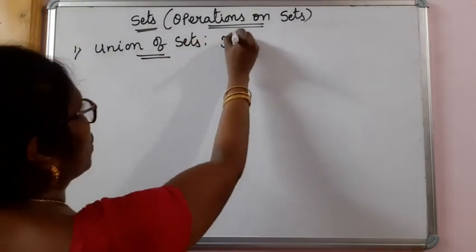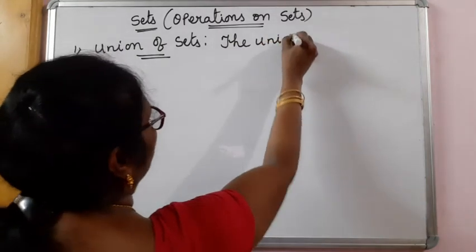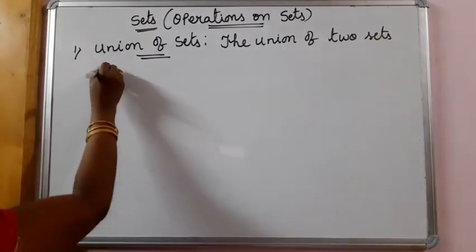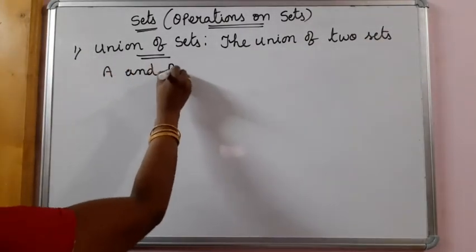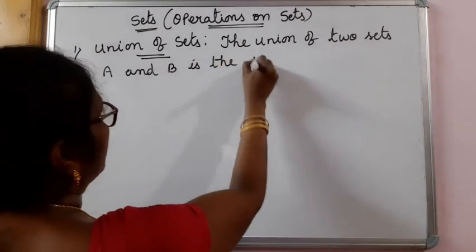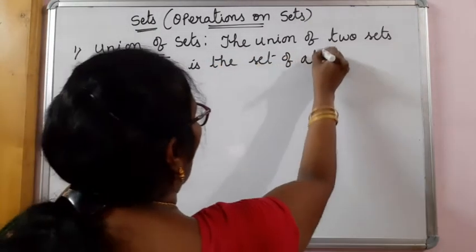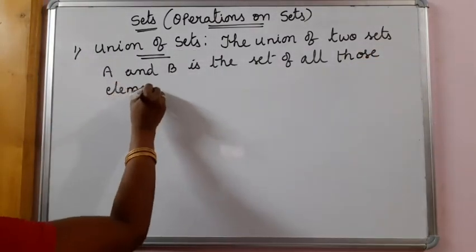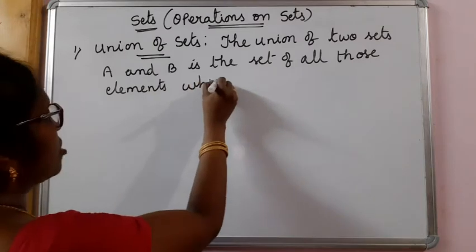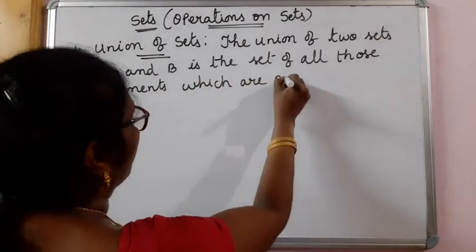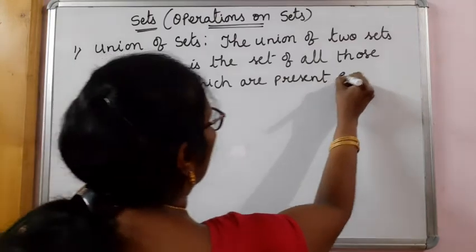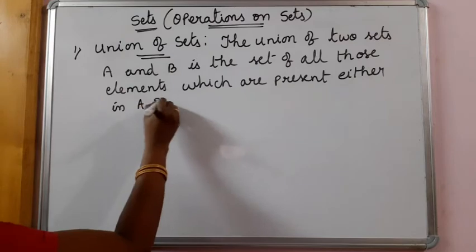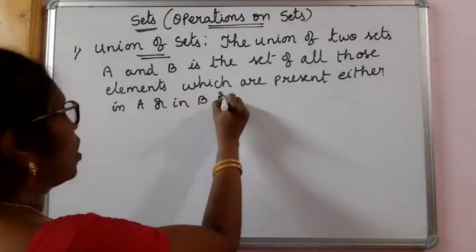The union of two sets A and B is the set of all those elements which are present either in A or in B or in both.